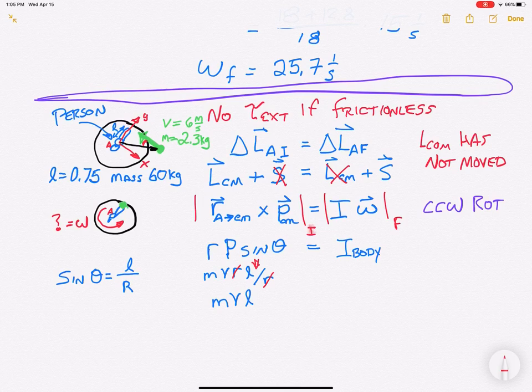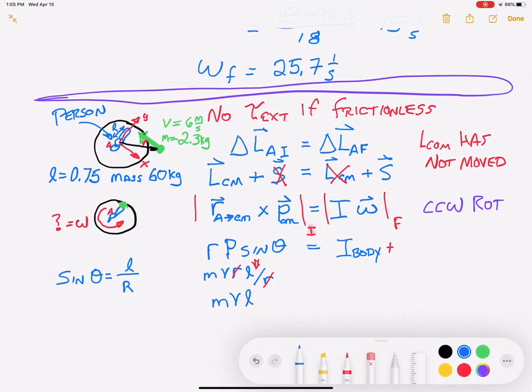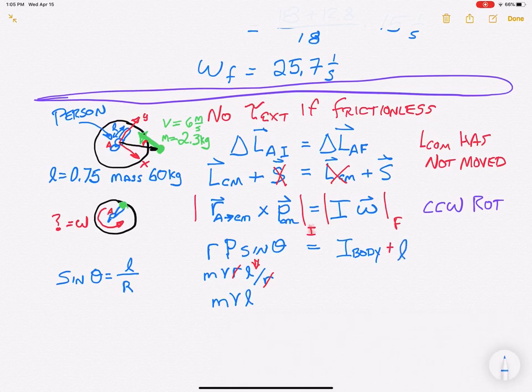So my I is going to be I of the body, and we're going to add to it the length of the arm squared times the mass of the ball, because that's what has come into it.